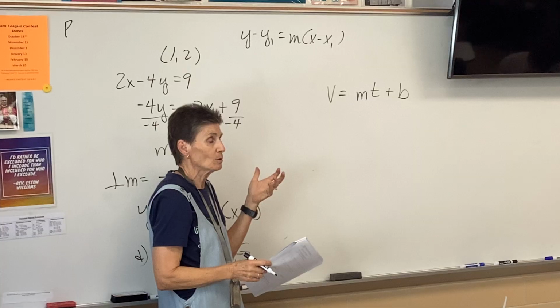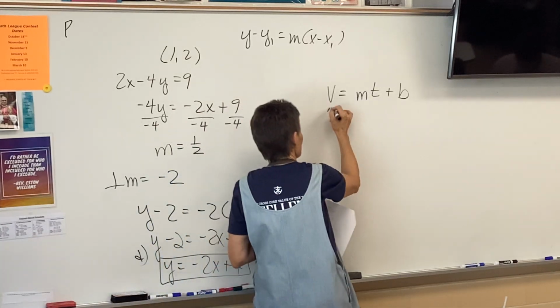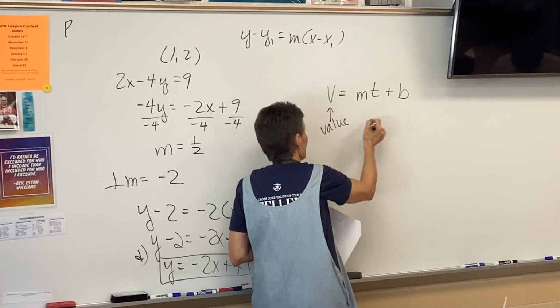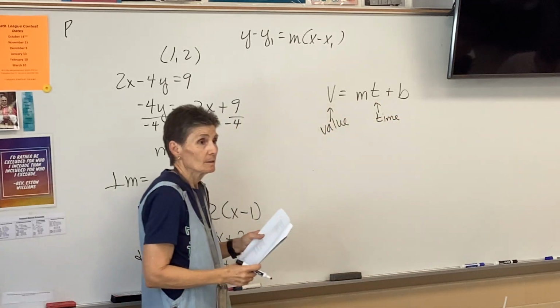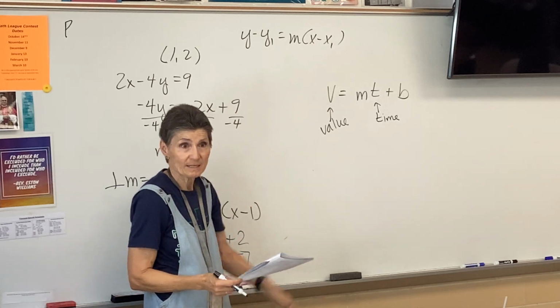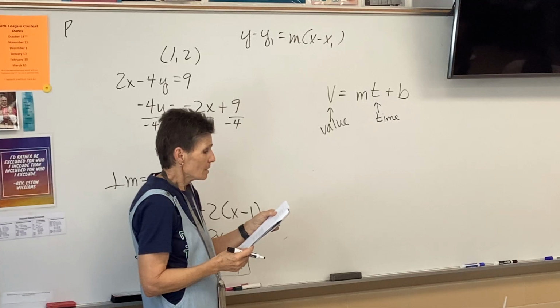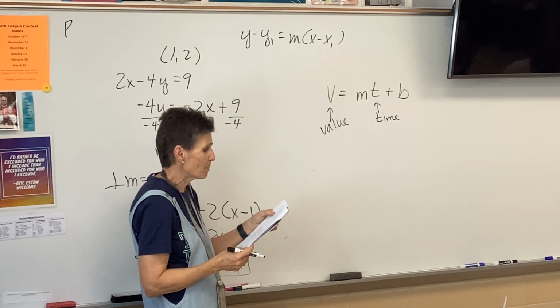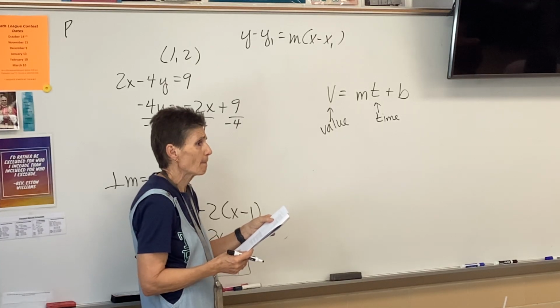Only their variables are not y and x, but V for the value and T for the time. y = mx + b is basically what we've got. Now, determine the slope and the y-intercept.